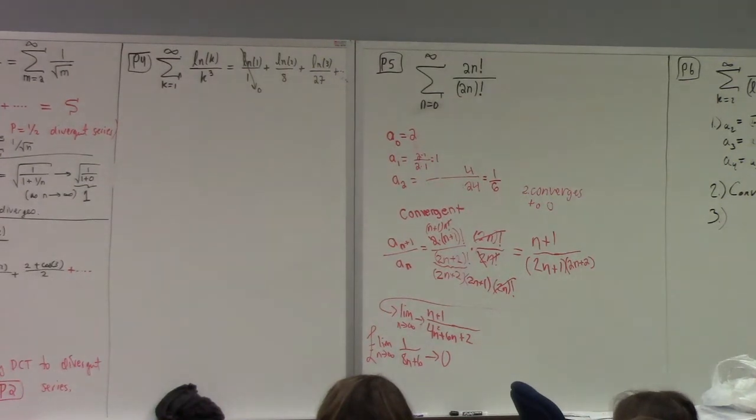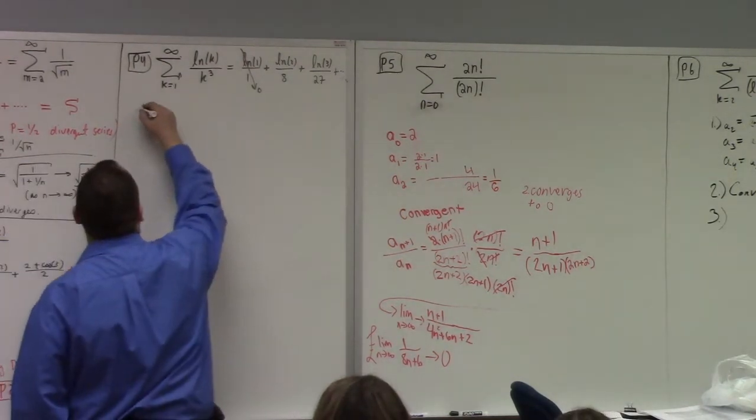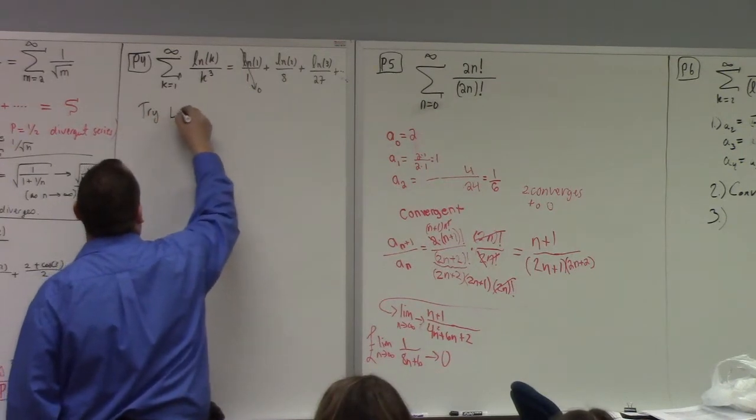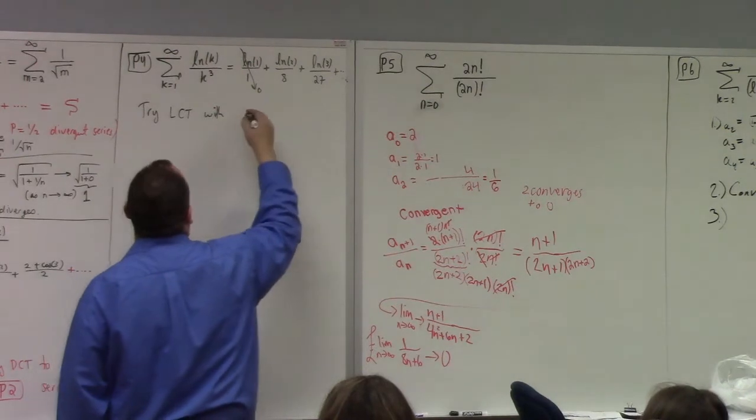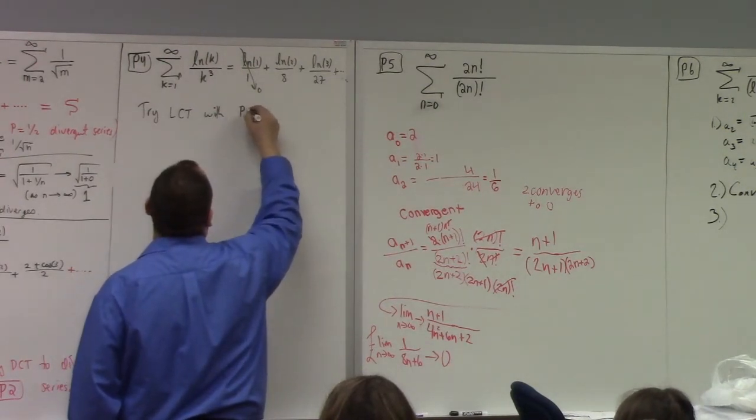Maybe limit comparison test will work. What would you compare it to, maybe? I might try. I'm not sure this is going to work, but we'll try it out. We'll try limit comparison with, I don't know, let's try p equals 2.